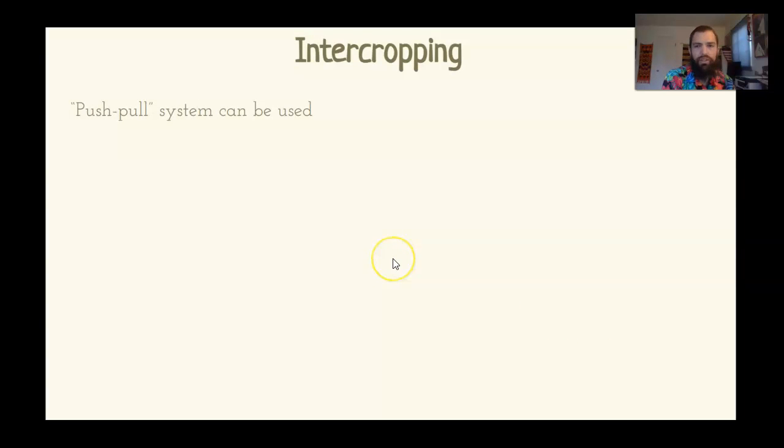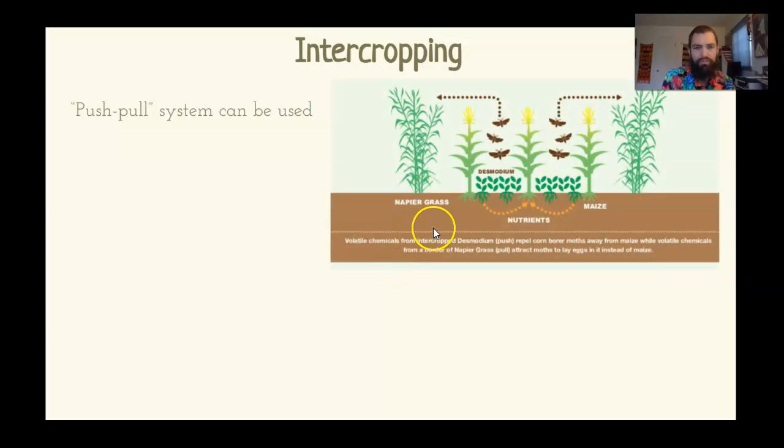Another one is intercropping, so a push-pull system, where you're using different crops that attract the insect that you really want off your field. So attract them in a different place so that they're laying eggs there instead of on your corn.